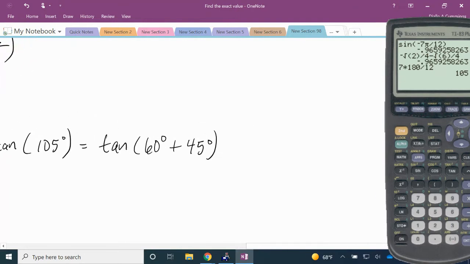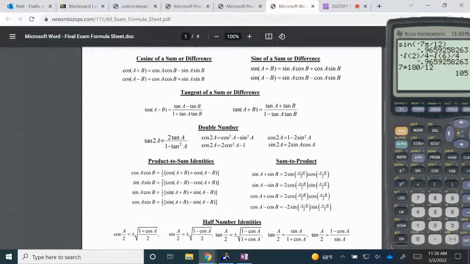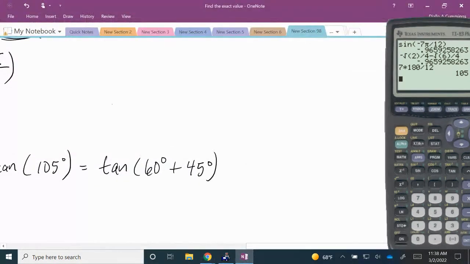All right. So I'm going to look back at the sum of tangent formula. The sum of tangent formula says that the tangent of a plus b is tangent a plus tangent b, divided by 1 minus tangent a times tangent b. So I'm going to just write that above my problem.